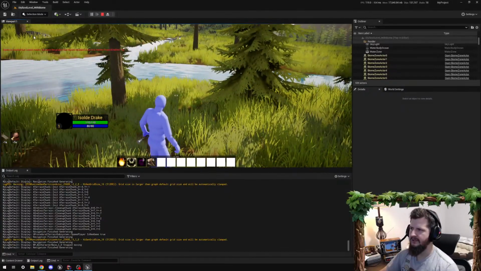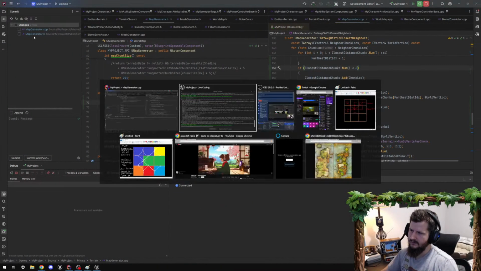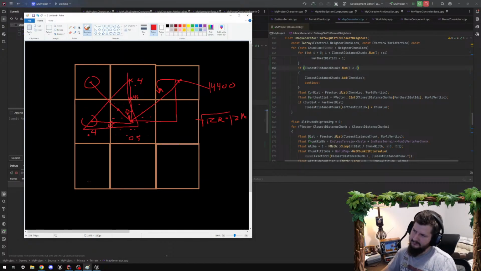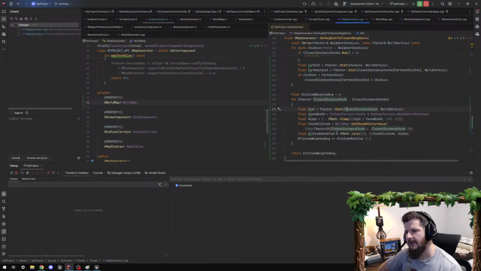Do I need to take into account... Because I said I didn't need to do the ordinal directions, because they would never be closest. It would never be a part of the 3 closest. I feel like I'm so close.